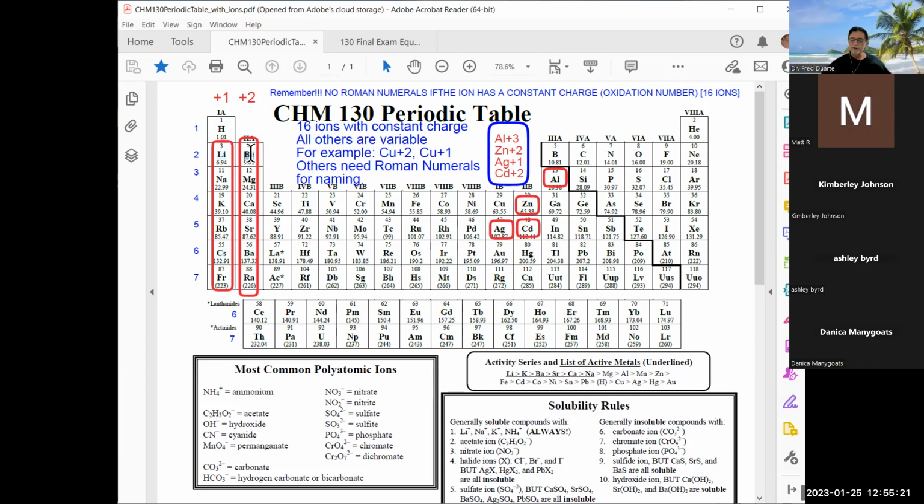Number four is Be for beryllium, and then we shoot across to B for boron, number five, and then the infamous C for carbon, a very important element, and next to it is N for nitrogen, O for oxygen, F for fluorine, right below fluorine is Cl, chlorine, right below is Br for bromine, and below that is iodine.